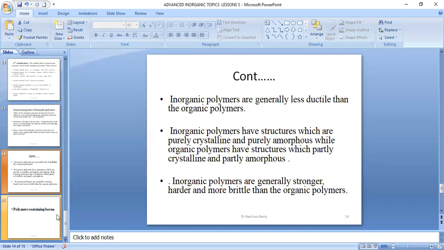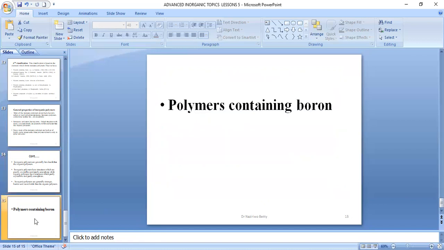Inorganic polymers are generally stronger, harder, and more brittle than the organic polymers. So that has marked the end of lesson 5. Next time we are going to look at polymers containing boron.